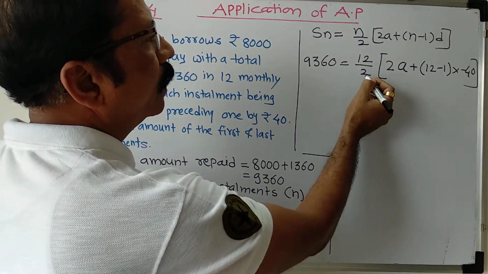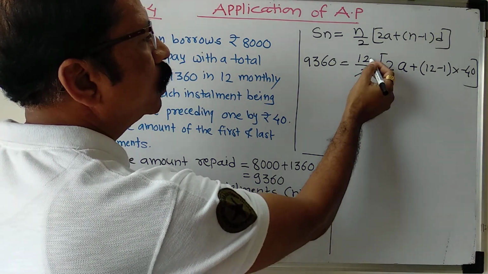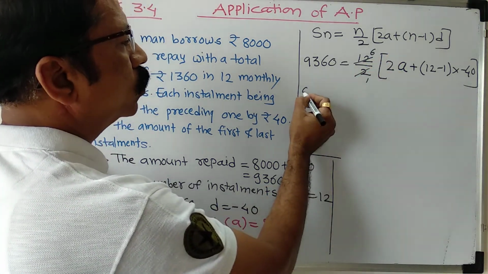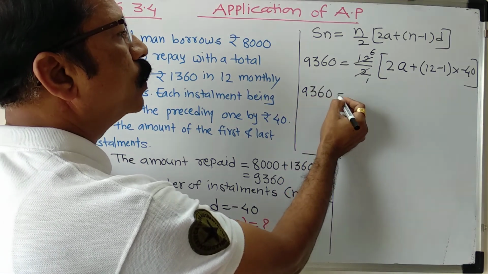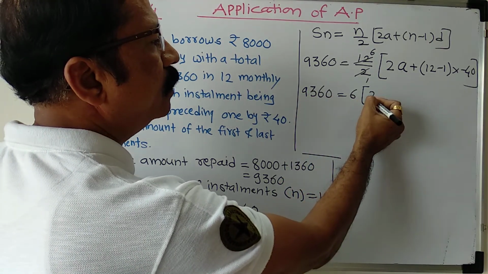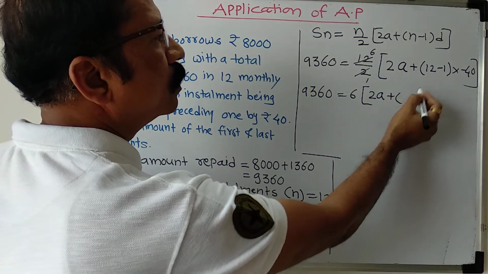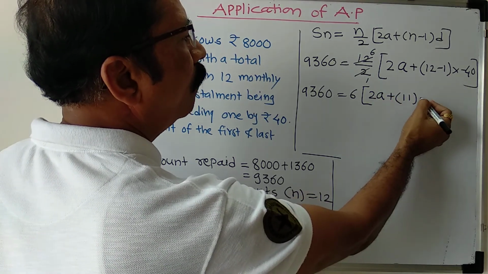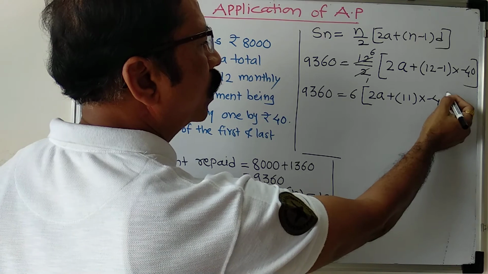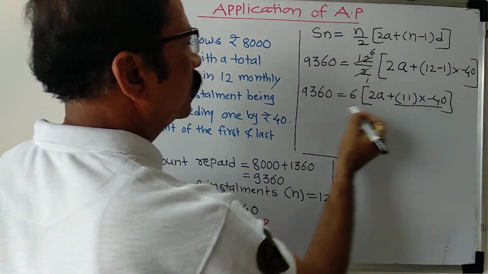Now simplify. Here 2 ones are 2, 2 sixes are 12. So 9360 is equal to 6 into bracket 2a plus 12 minus 1, which gives you 11, into minus 40. Do this product first.